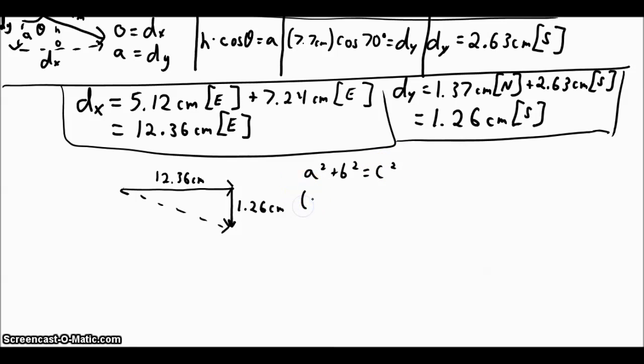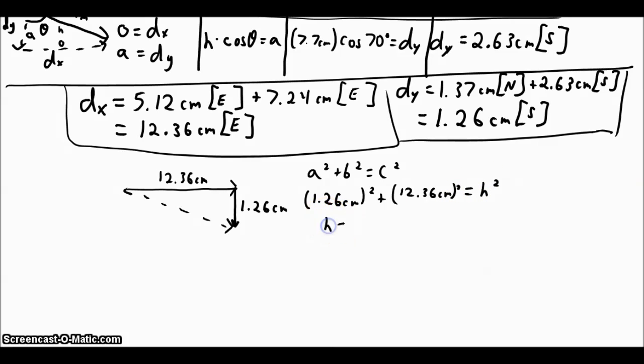And a, it doesn't matter which is which, so it'll be 1.26 centimeters squared plus 12.36 centimeters squared equals our hypotenuse squared. And so when you solve that, our hypotenuse ends up being 12.42 centimeters. Next step.